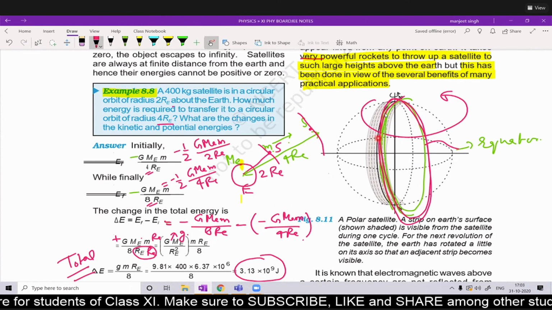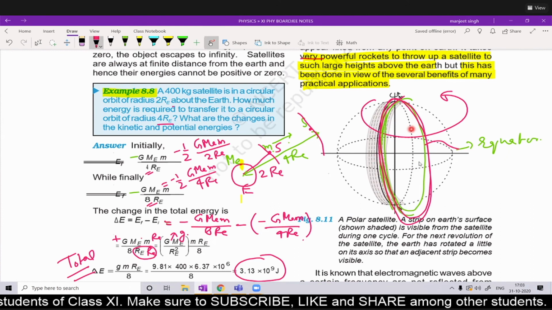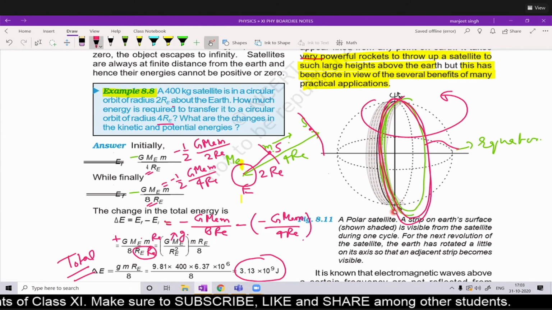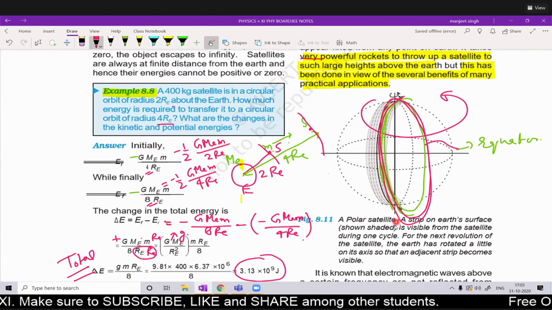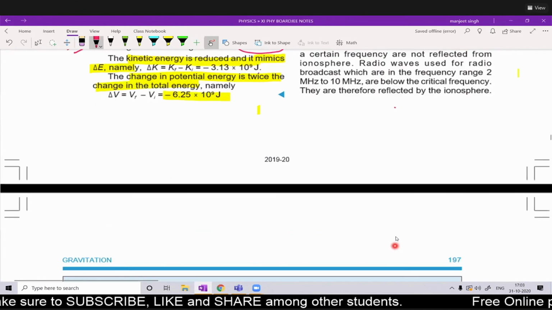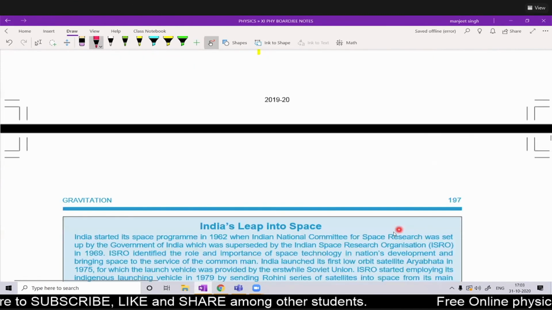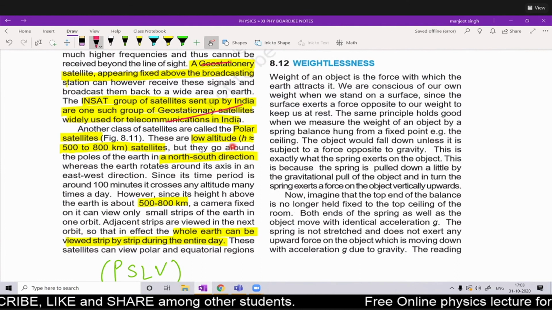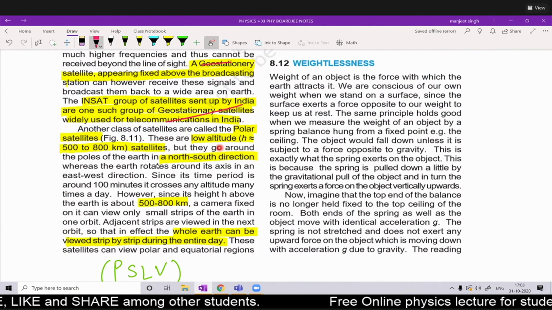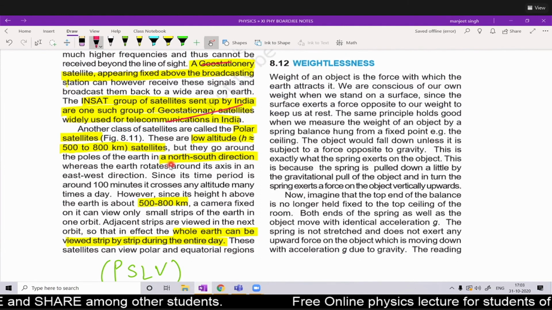As the polar satellite is very near to Earth, its camera gives a very powerful and clear picture about any activity going on on the Earth. So these are used as spy satellites also. Polar satellites are very widely used as spy satellites.